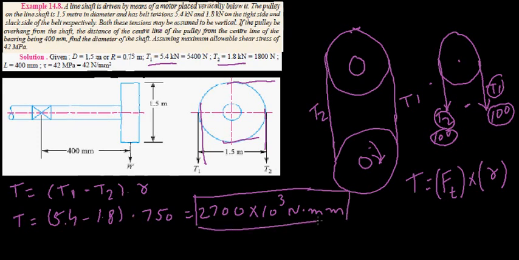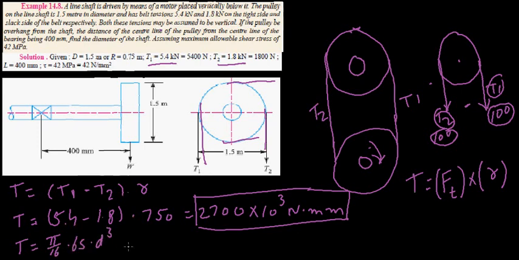Alright, it's so simple. Now there's one more concept, the same concept which we did in the last video. It said that torque is equal to pi by 16 into Fs into d cube.